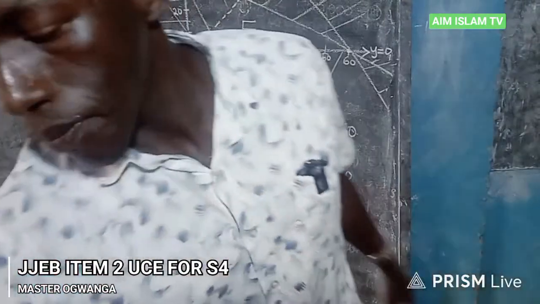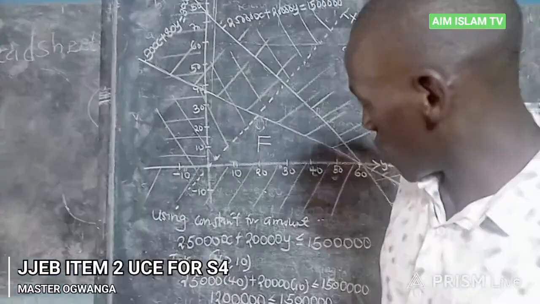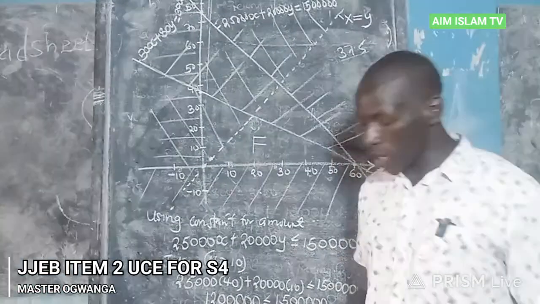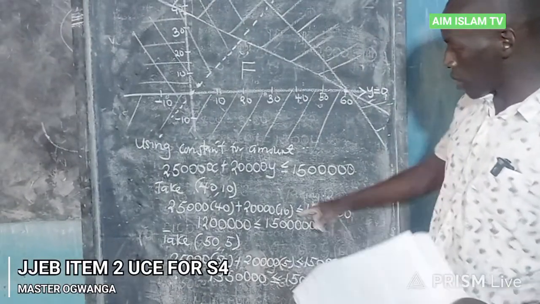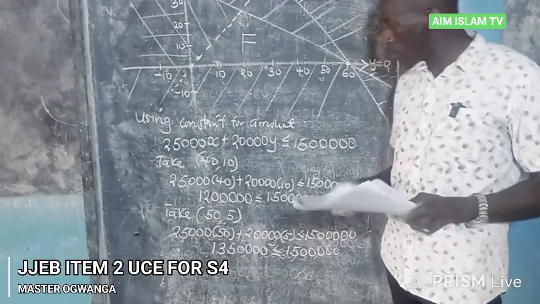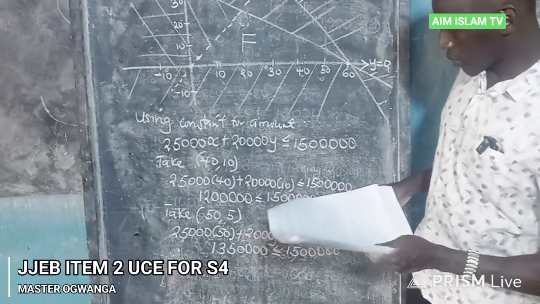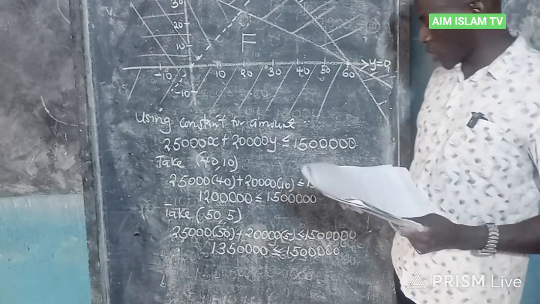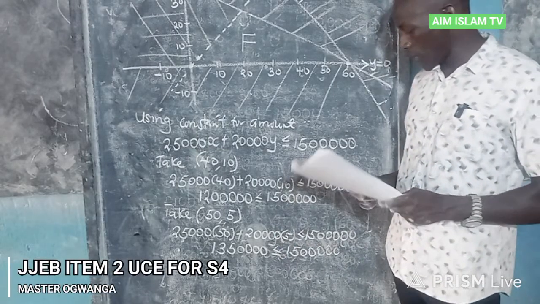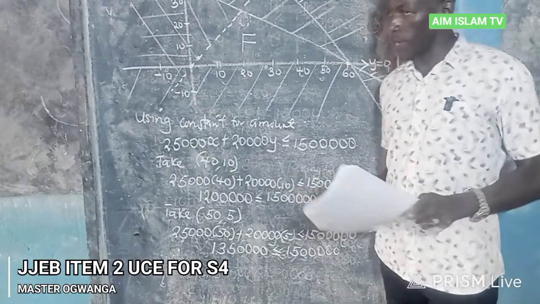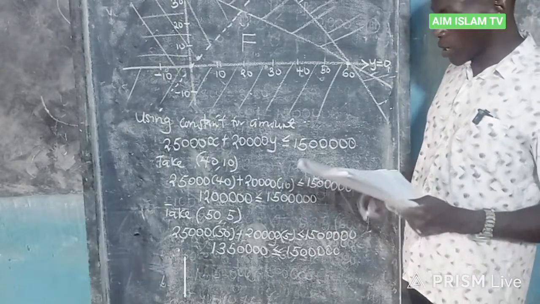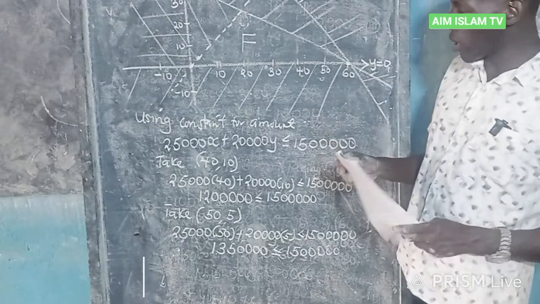So I want to base on the expressions we have got. The first one is 1,200,000 after using the values x equals 40 and y equals 10. Then the next one is 1,350,000, after using the value of x as 50 and the value of y as 5.